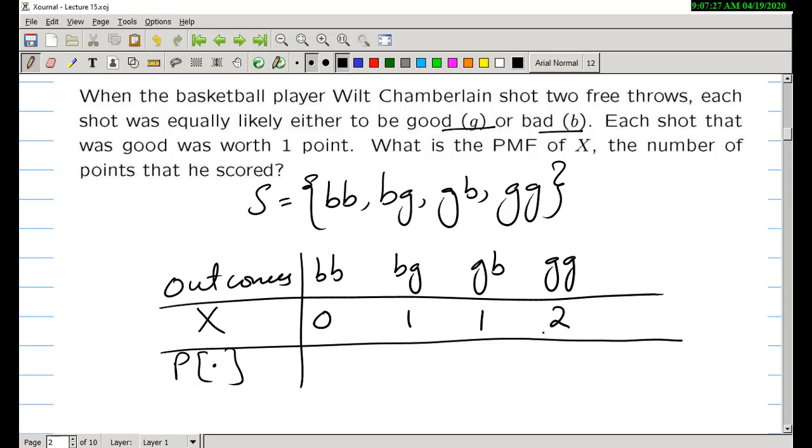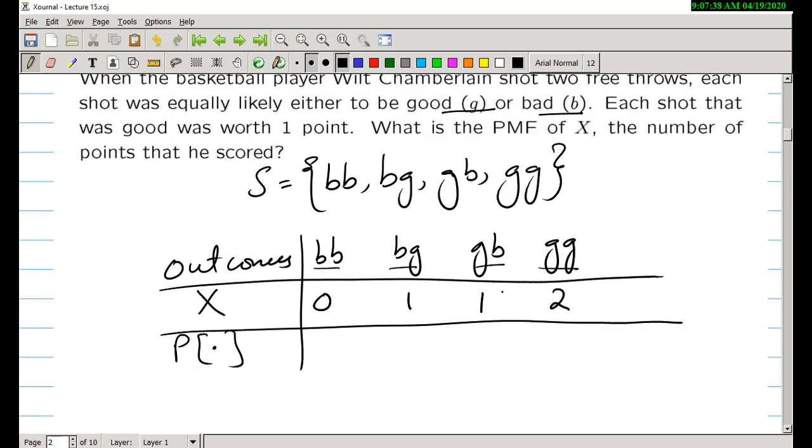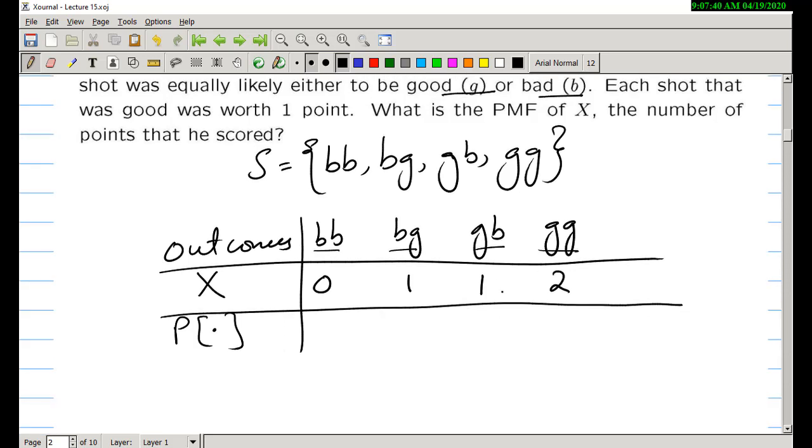Now the probability of each outcome is not defined separately, so it will be taken as equally likely.